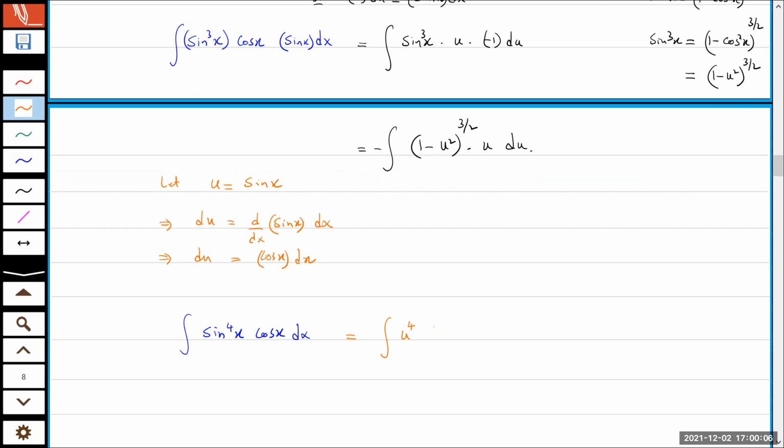Cos x dx is du, which is a simple integral, u to the 5 divided by 5 plus c. And u is sine. This finally becomes sine to the 5 x divided by 5 plus c. It's much simpler than the one that we did with u equals cos x. But we can still do that one, but not at this stage.